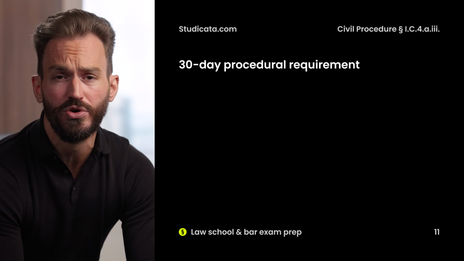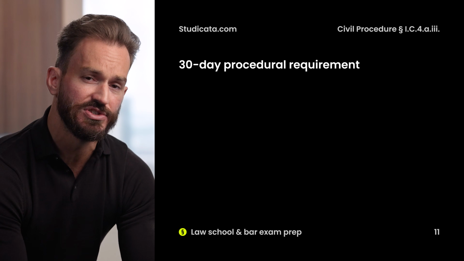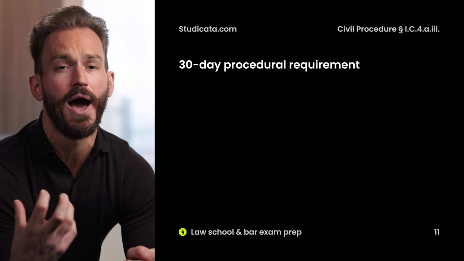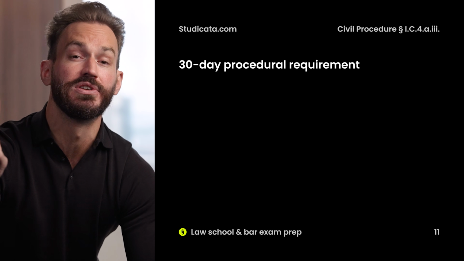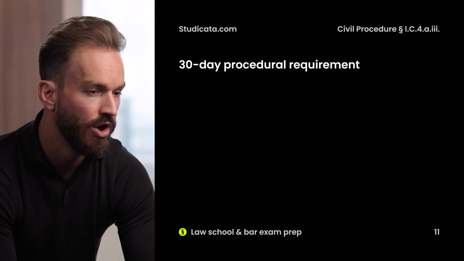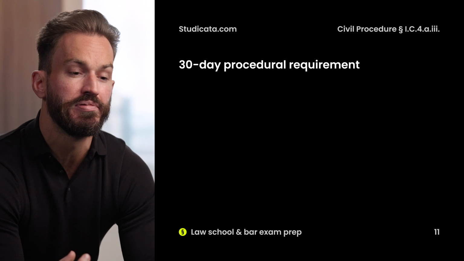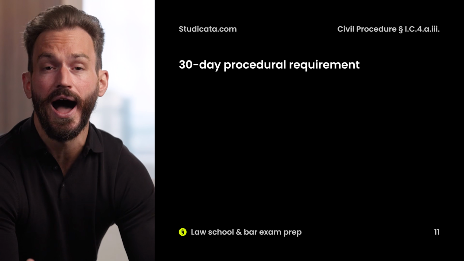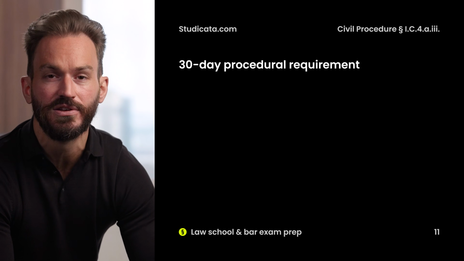Obviously, the big two would be when the court does not have federal question jurisdiction to start, but the plaintiff amends their complaint in such a way where now the court does have federal question jurisdiction, or the same with diversity jurisdiction, right? The original complaint as filed, the court does not have diversity jurisdiction, but then there's some amendment.